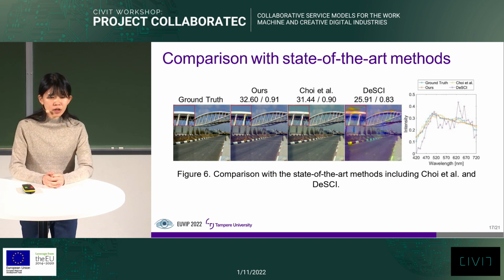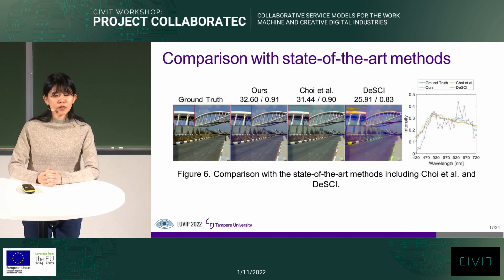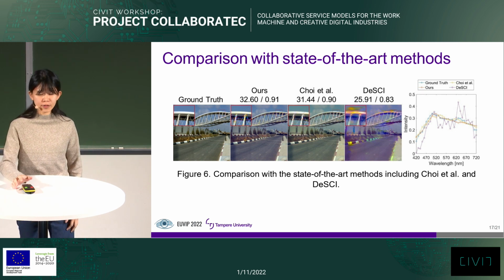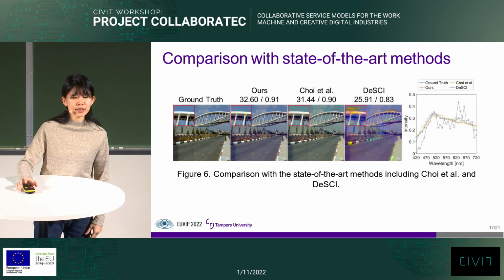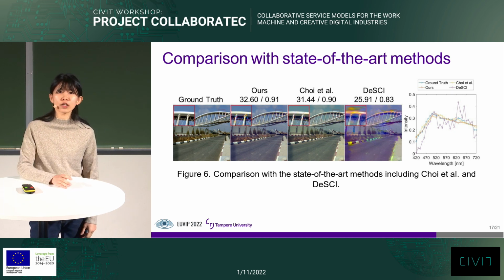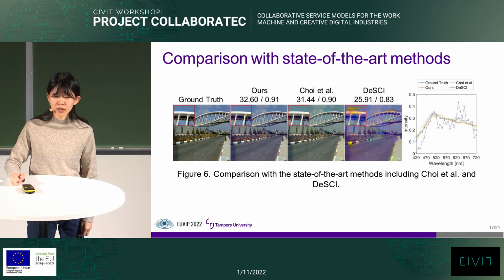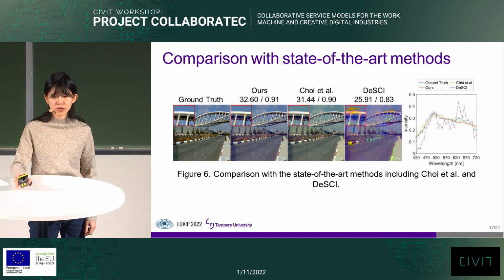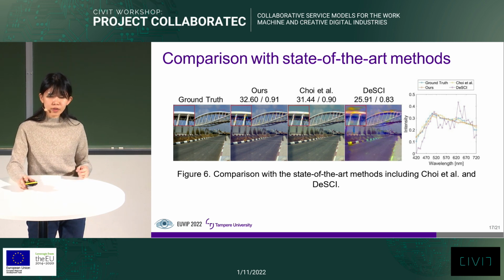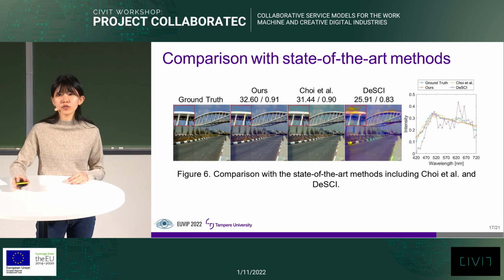It also shows that our method has quite good color reconstruction, such as in the sky, if you compare it with the ground truth image, and the rightmost figure plot also shows that our method has good spectral reconstruction.